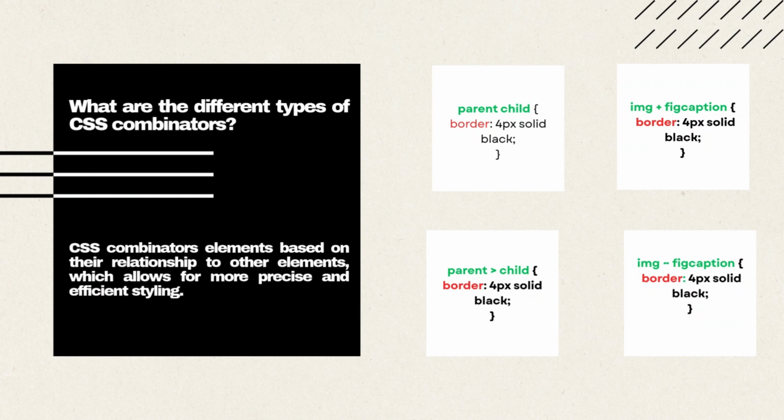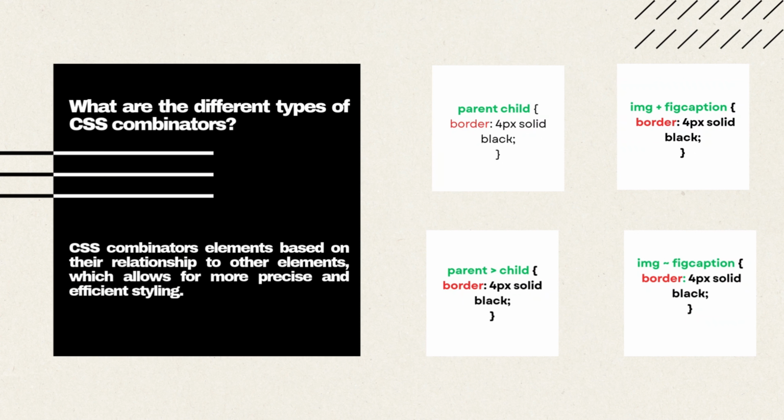Now let's move on to the next sibling combinator. So these are sibling combinators, not necessarily a parent and child relationship. They're a relationship between siblings, right? So let's say you have a div element and you have this image tag and this figcaption tag. All right.